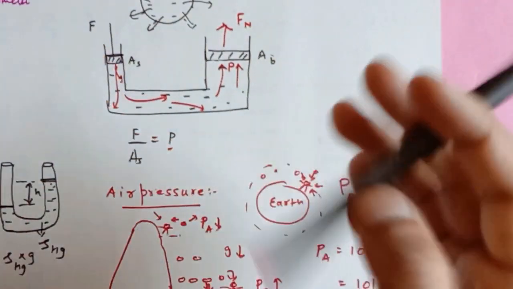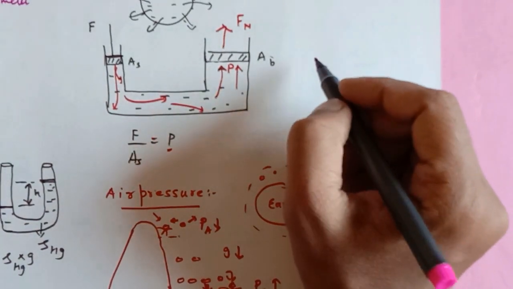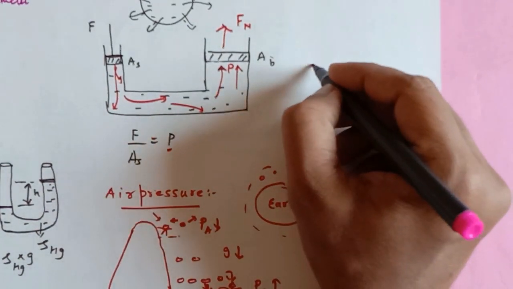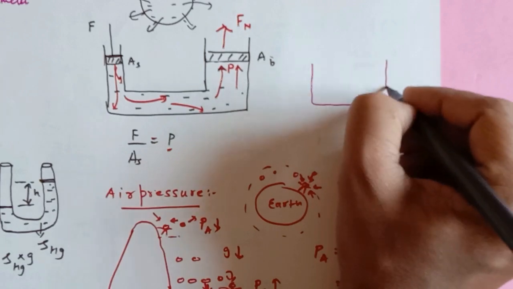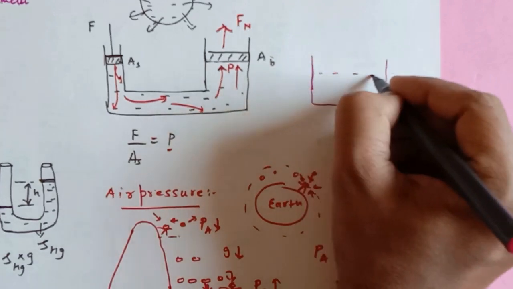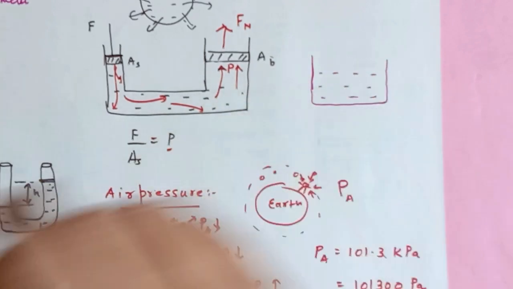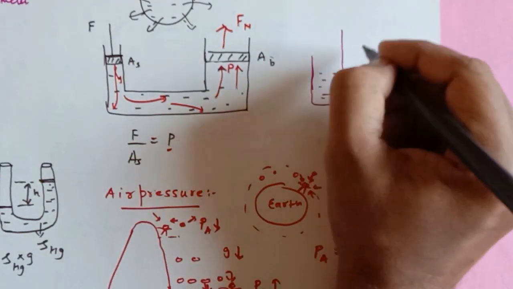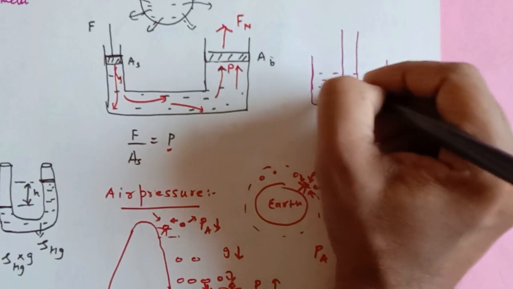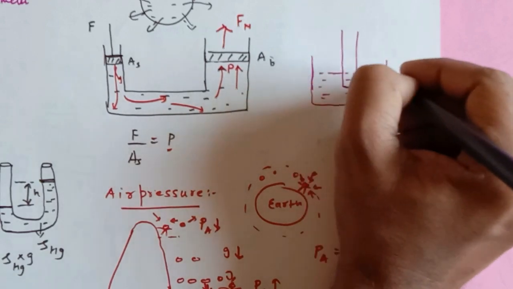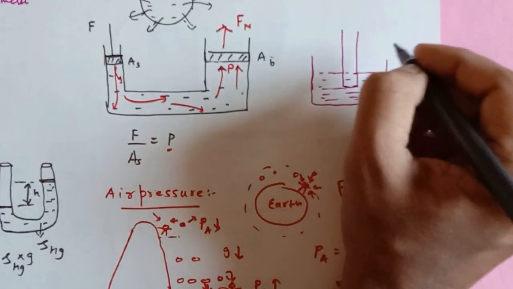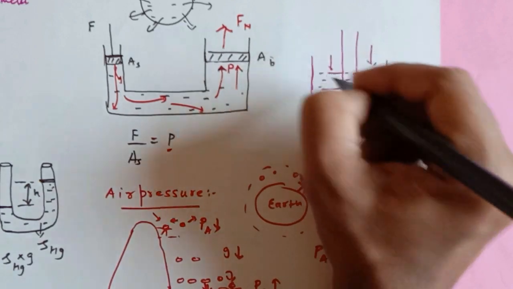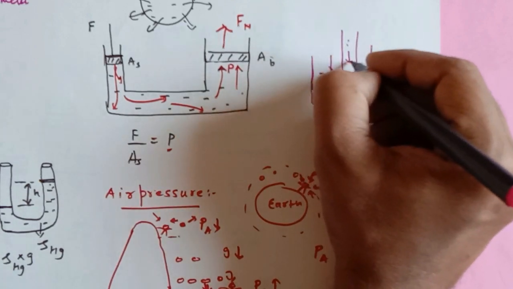So we have a typical example of a syringe, or say you are drinking water, and you have a straw which is inside like this. Here air pressure is acting, but the problem is this straw is also filled with air.